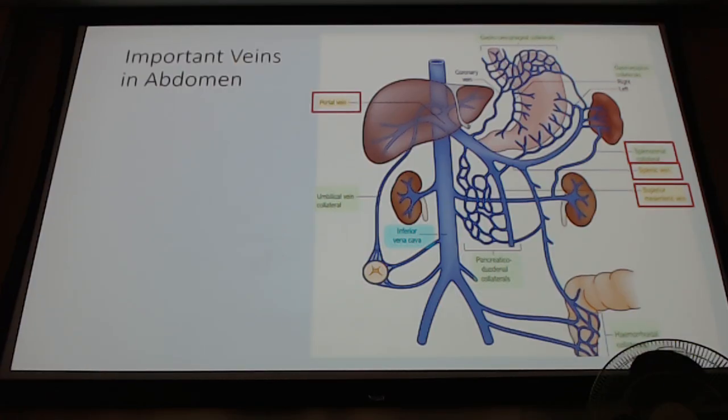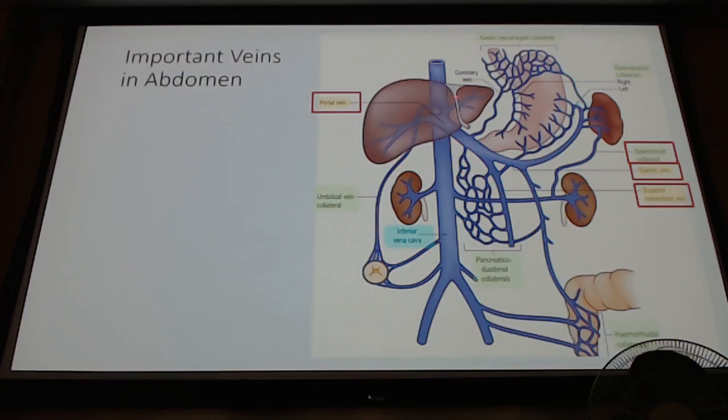So if you have a liver problem, you may have a venous problem. You have the portal vein, and you have the coronary vein. This is not the same thing as a heart vein, it's just called coronary.